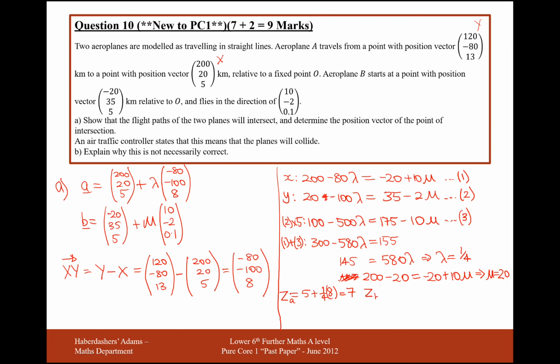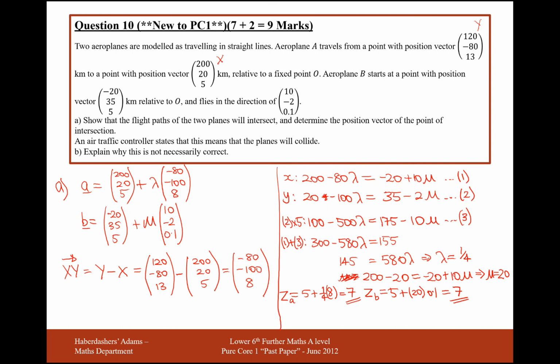And for z subscript B, my coordinate is going to equal 5 add 20 lots of 0.1. 0.1 is the same as a tenth. A tenth of 20 is 2. 5 add 2 is 7. So we know they intersect.